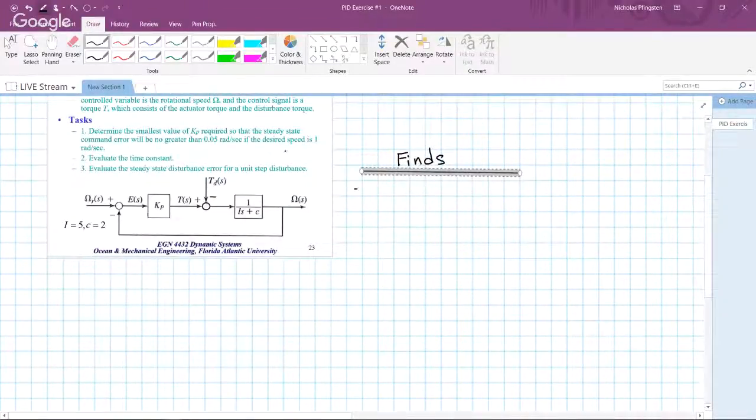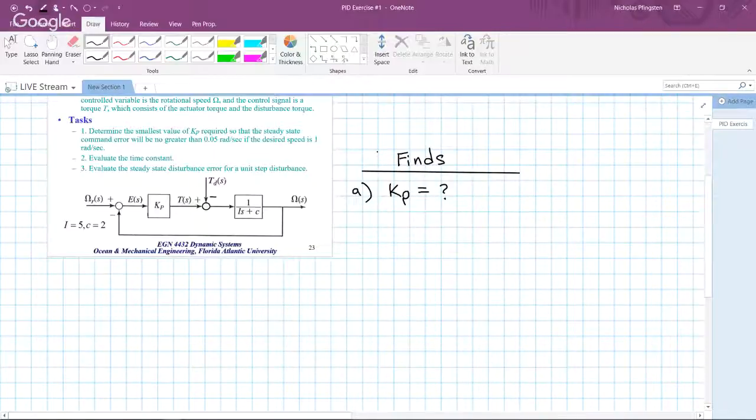Okay, so I call that A. So it's the smallest value of Kp, which Kp is your proportional part of your PID controller. So it's asking for the proportional variable. Requires so that the steady state command error will be no greater than 0.05 radians per second.